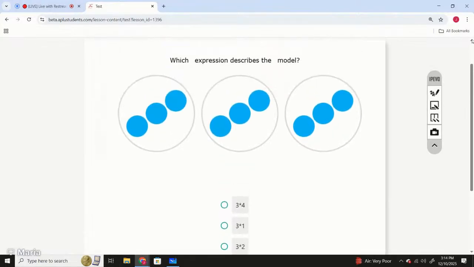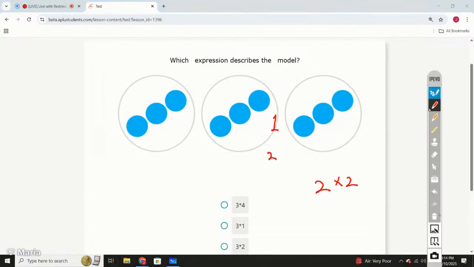Which expression describes the model? So there are three groups, one, two, three, and each group has three dots.